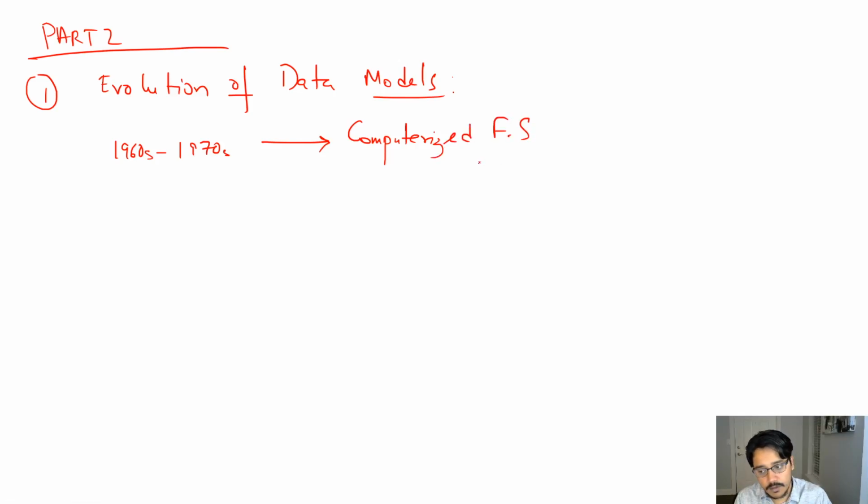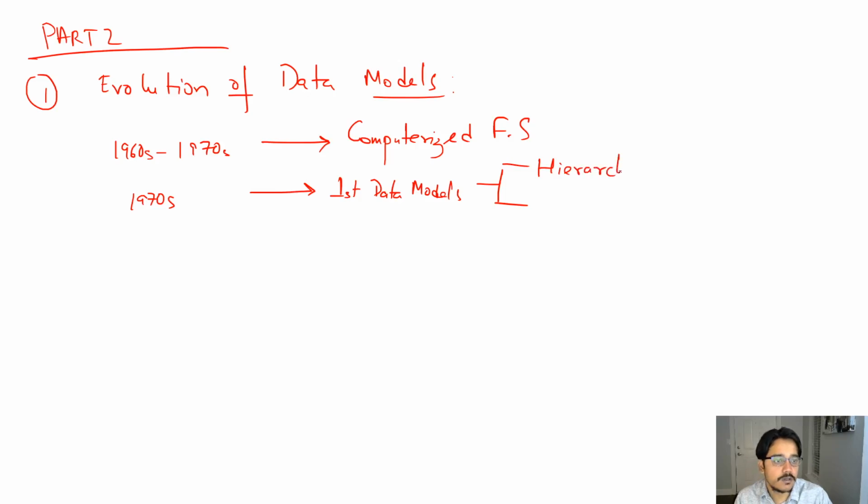Thereafter in the 1970s, we had the very first data models, and these two were known as the hierarchical data model and the network data model.